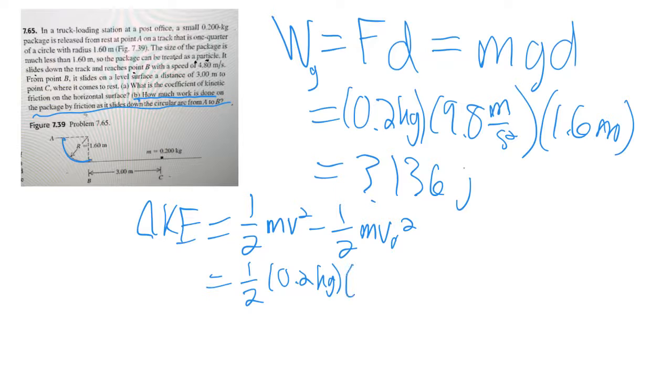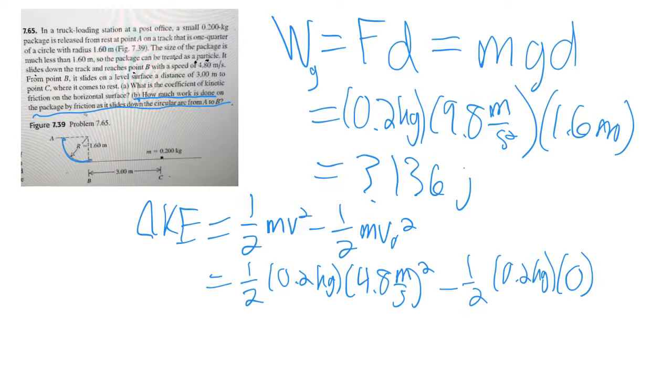We know that speed at the bottom, we used it last time, is 4.8 meters per second, quantity squared. And I'm not going to bother with this bottom thing, because I know it's going to be 0, because the top, it says, starts from rest, the magic word here. So that guy's going to go away.